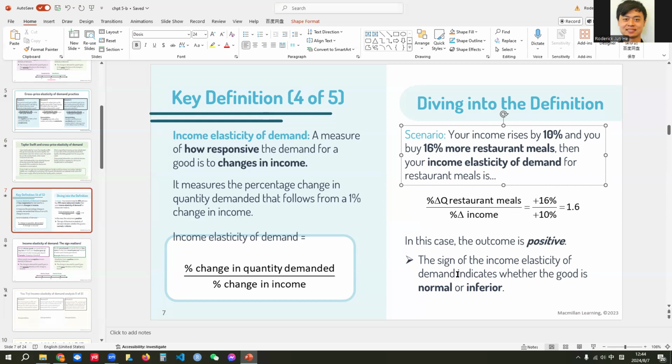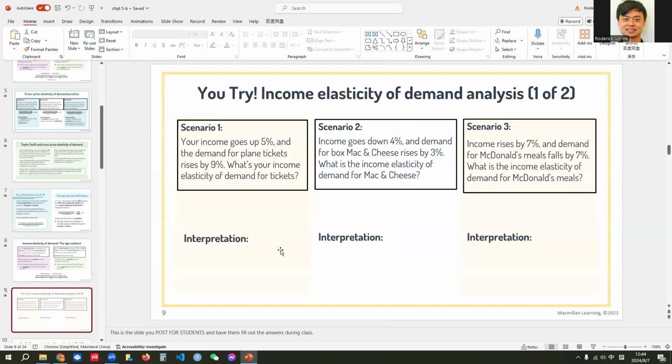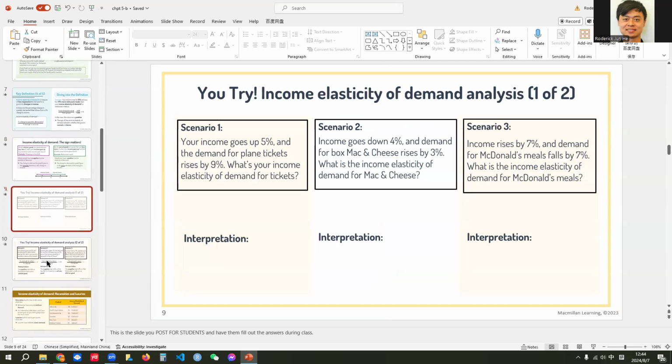So that indicates that the restaurant meal is a normal good. You make more money, you want to buy more, right? Inferior goods are like junk food. You make more money, and on average, people want to stay away from those unhealthy products. So the income elasticity of inferior goods is negative, and the income elasticity of normal goods is positive. So that's the dichotomy between these two.